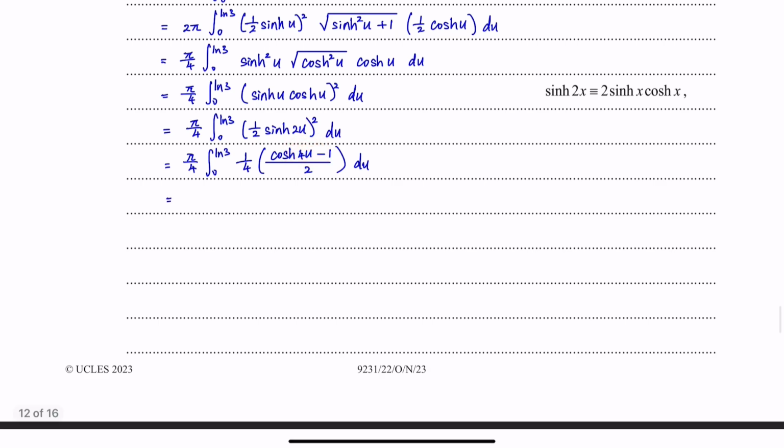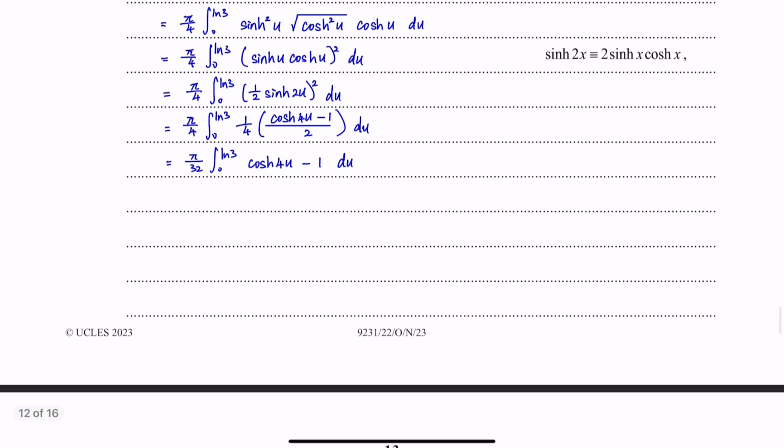So pi over 32 times the integration of cos 4u minus 1. So this would be 1/4 sine 4u minus u.